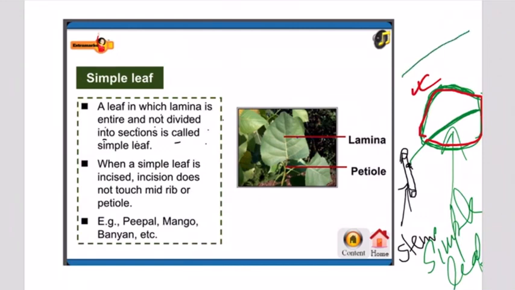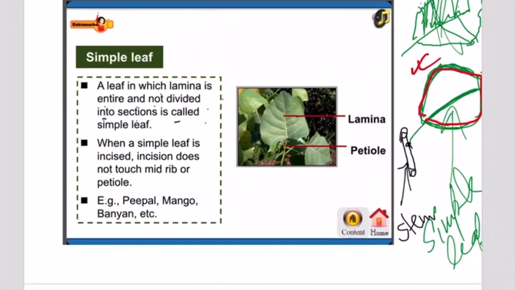If there is any type of cut in the leaf, in such a case, the cut will not reach or touch the midrib here. It will not be like this. It will be a simple one vein going through, but the cut will never touch the midrib.